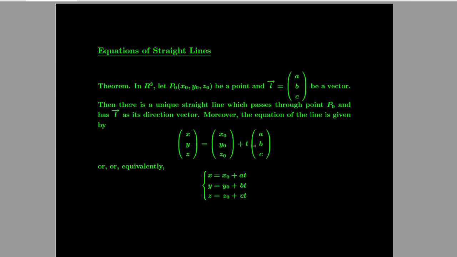Again, I want to repeat, the first form has a name. It's called the vector form of the equation of a line. The second form is the parametric form, or the parametric equations of a line.